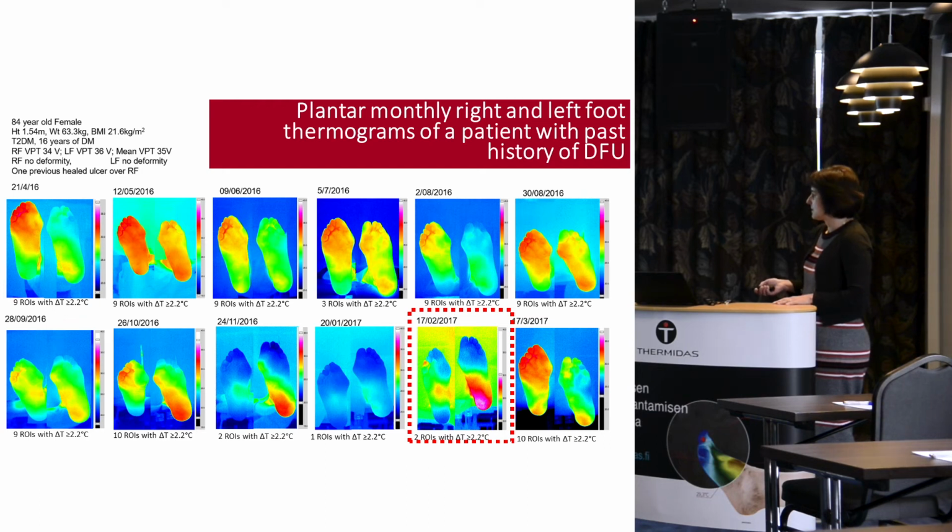Perhaps particularly in this case, there is a hot spot in the fifth toe and a hot heel, and we did not have any different intervention because we had not seen these images, but nevertheless, the person did not ulcerate.